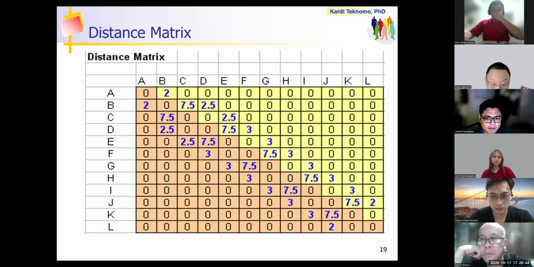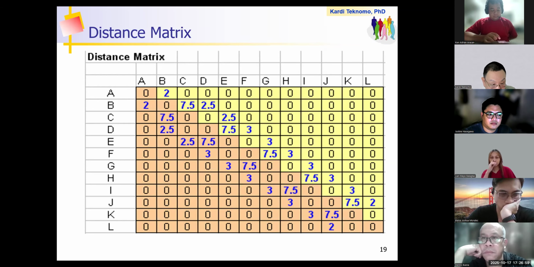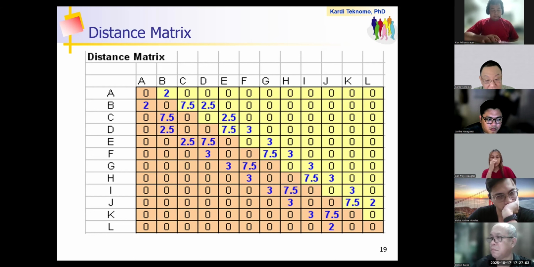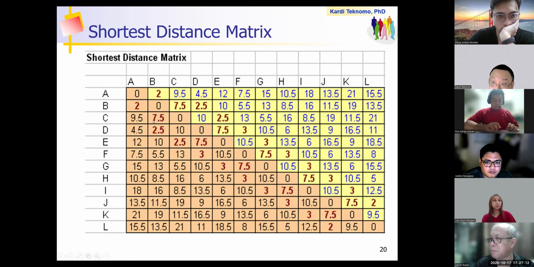The distance matrix and the shortest distance matrix are not the same. The elements in the distance matrix represent the length of the link between connected vertices. Unconnected vertices are infinity. But when you calculate the shortest distance matrix, you will have this.